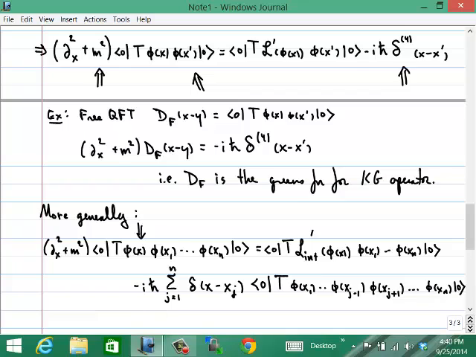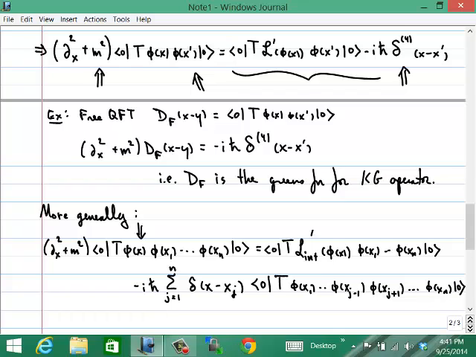So first consider the case, say, where n is equal to 1. Then there's only one term in this sum, and you just reproduce this equation that we've written right here. And all I've done here is generalize this to take into account the fact that if you have n terms in this time-ordered expectation value, you've got a bunch of different theta functions, and you've got to take all of those derivatives, and so you get a bunch of different delta functions, one at each possible time that x could be equal to.